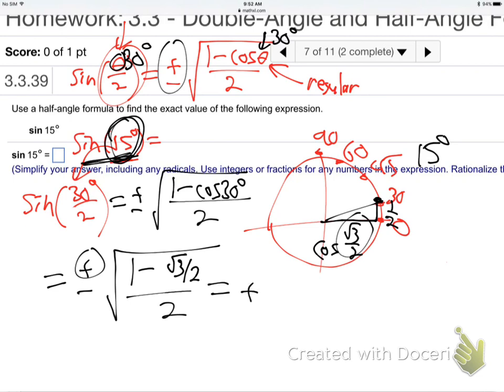Now, how do I simplify this big mess? Because that is a big mess. That's called a complex fraction. You can't leave it. Fractions over fractions, you can't leave fractions over fractions.